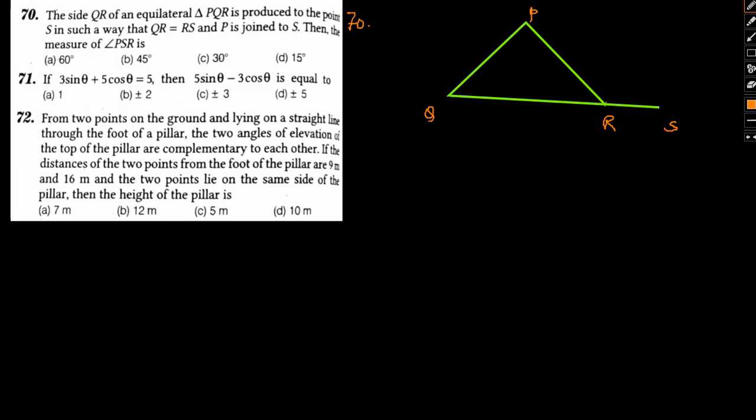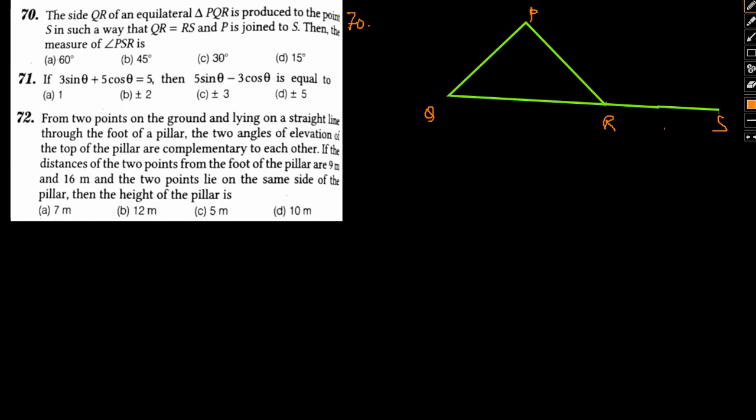Okay, this point is S, such that QR is equal to RS. So this will be further extended then. Say this is point S. Yeah, this is point S, such that QR equal to RS.